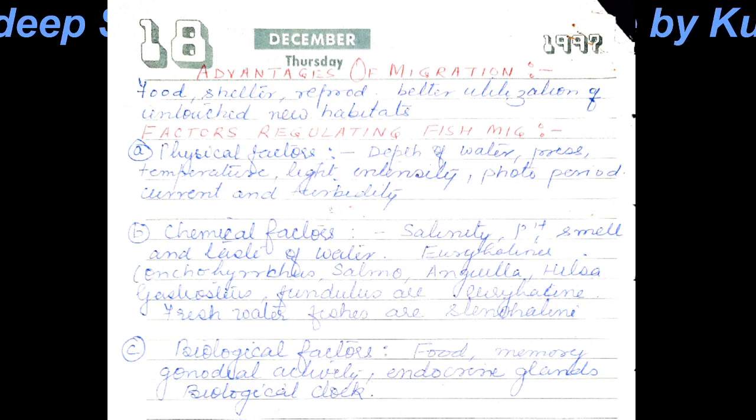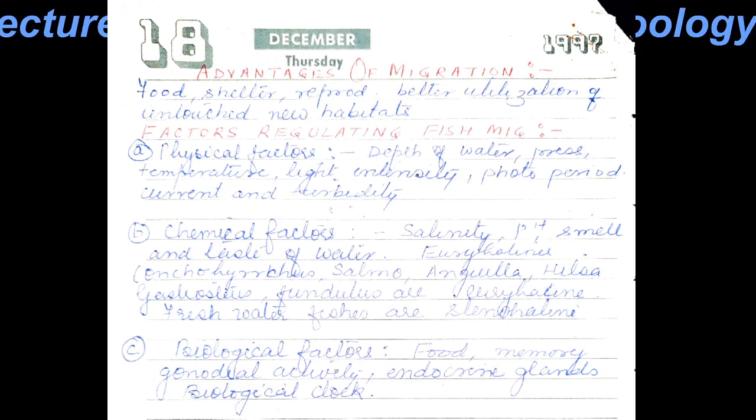Euryhaline fishes, which can tolerate wide range of salt conditions, are salmon, Anguilla, Hilsa, Gasterosteus. These are euryhaline, whereas freshwater fishes are stenohaline. They cannot tolerate wide range of salt water conditions.